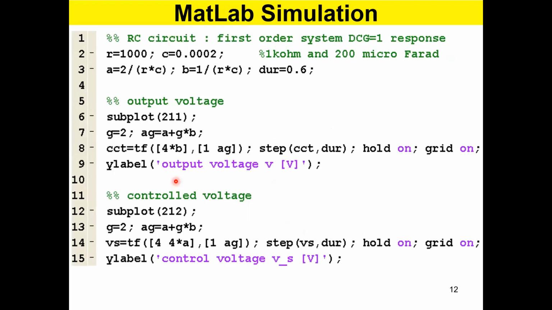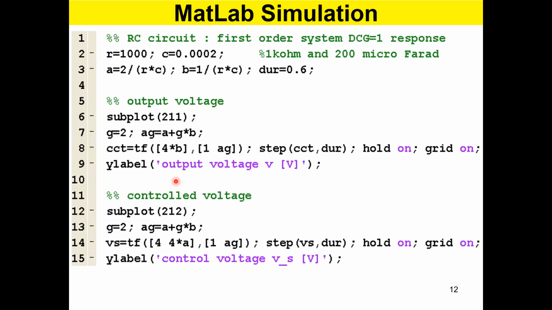Now, as with everything we did up to now, we need to code it and see whether we get what we want. So again, this is part of the MATLAB code. You have resistance, capacitance, A, B, system components, simulation duration 600 milliseconds, and you have subplot 211, 212 to draw the control voltage and output voltage for the new values.